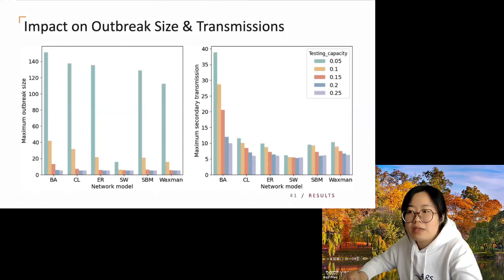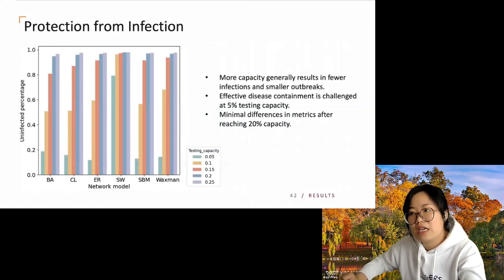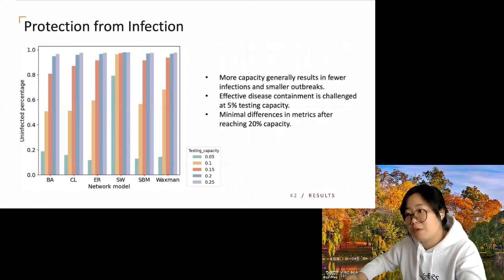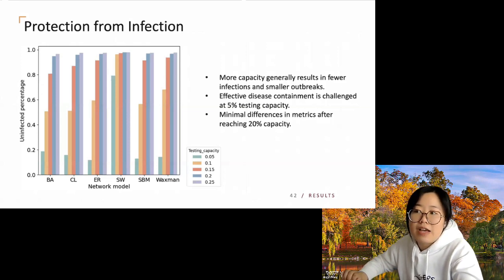But when the testing capacity rises to 10%, it only performs well on the smaller model, but still does not effectively protect susceptible individuals on the other network models. There are no significant differences on each evaluation measurement after the testing capacity reaches more than 20%. Approximately 95 to 97% of susceptible individuals are protected from infection.